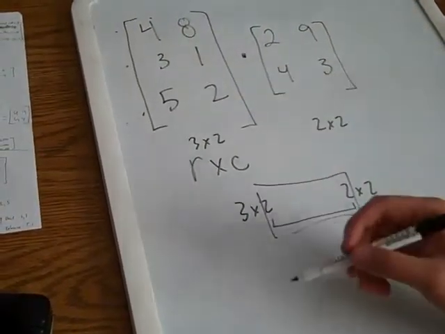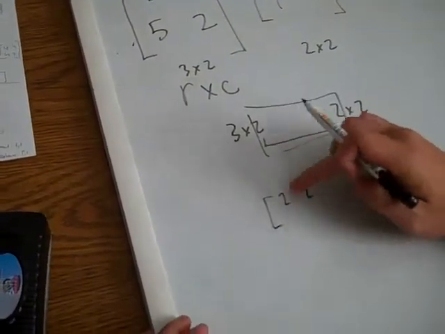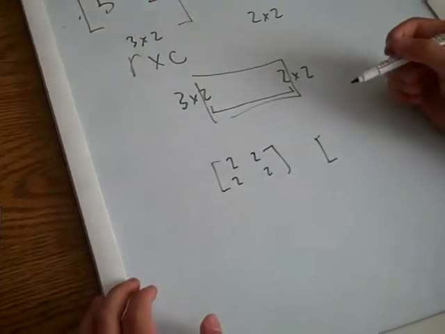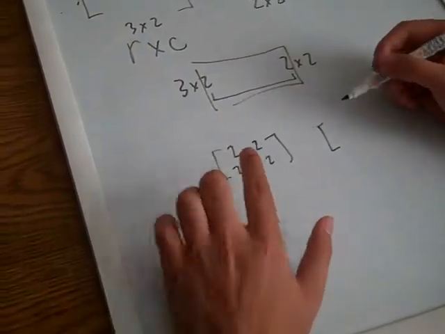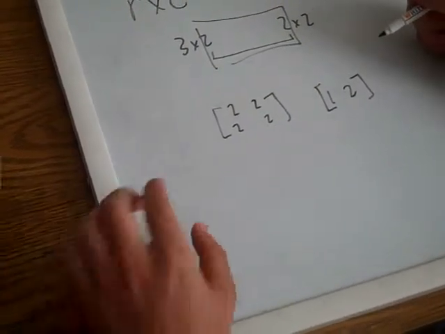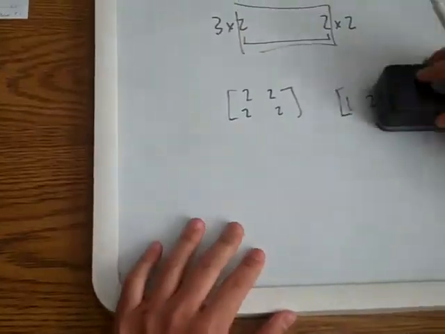If you had a 2 by 2, but you had, say, a 1 by 2, this is 2 columns, 1 row, and so you can't solve this one.